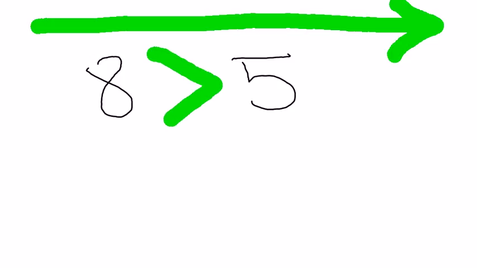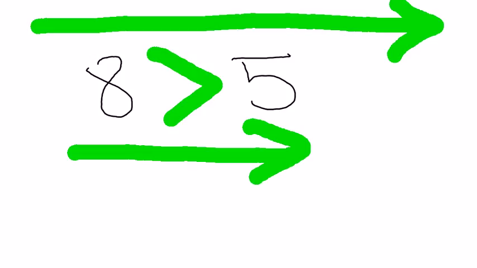So, in an equation like this, 8 and 5, 8 is the larger number, and Al points his mouth towards the 8 because he prefers to eat the 8. Looking at the sign in the middle, we know that we have used the greater than Al, and this equation reads from left to right, 8 is greater than 5.